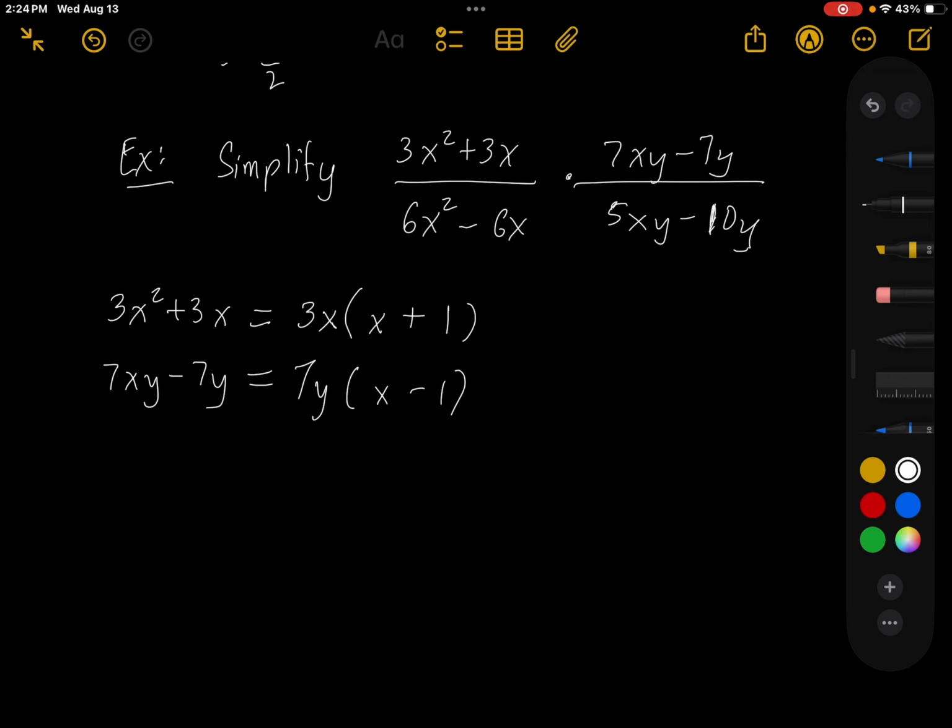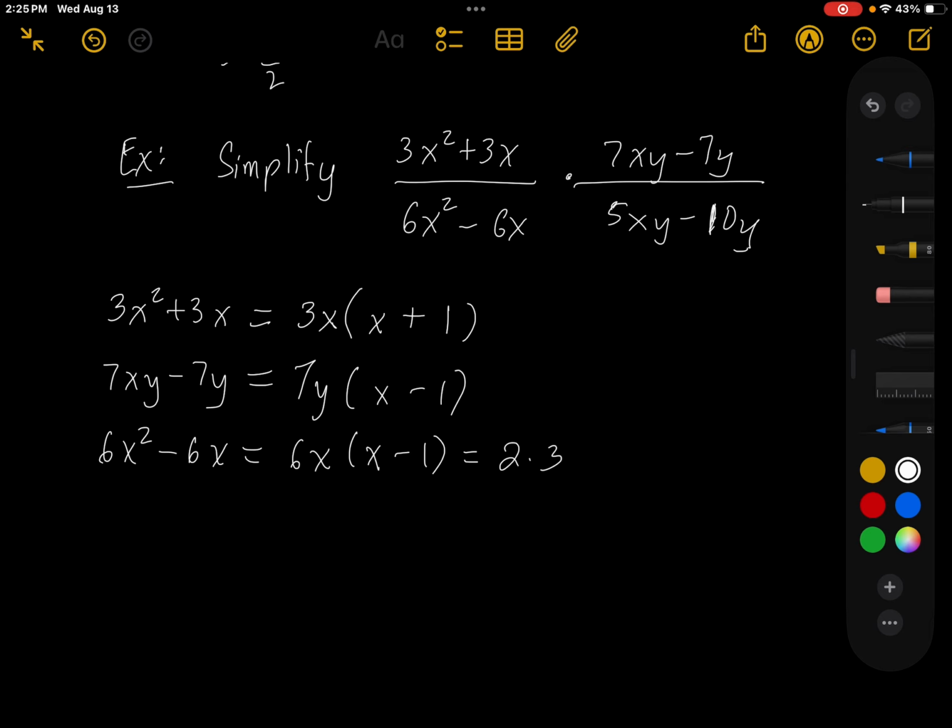Now let's look at the denominators. 6x squared minus 6x. Well, I can factor out a 6x. So I'm going to get 6x times x minus 1. Now the 6 I can factor as 2 times 3. That's going to be useful, remember, when we are simplifying.